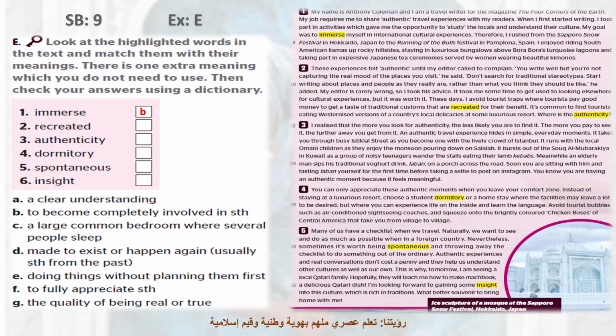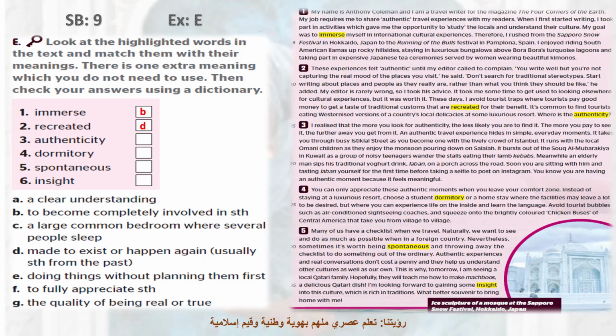So recreated here may mean made for them, maybe, or formed for them. That's why the answer is D, which is made to exist or happen again, usually something from the past.